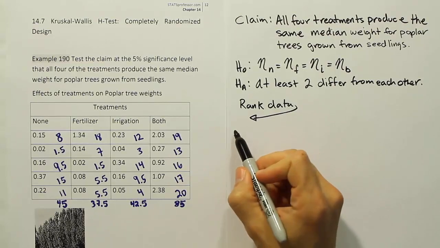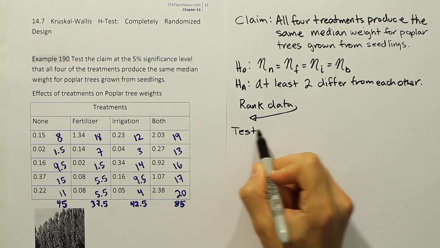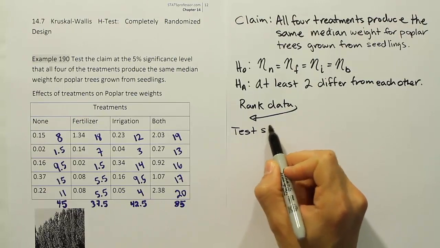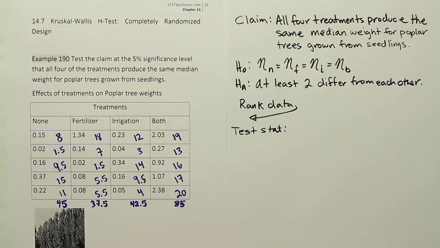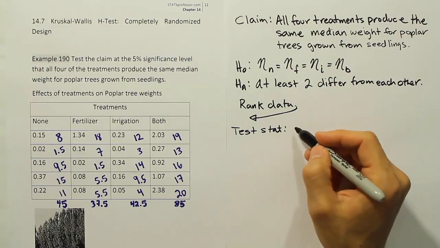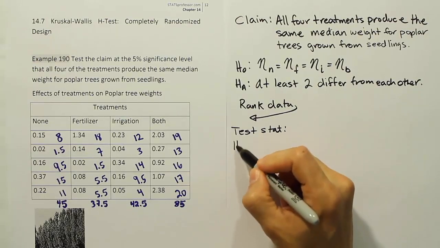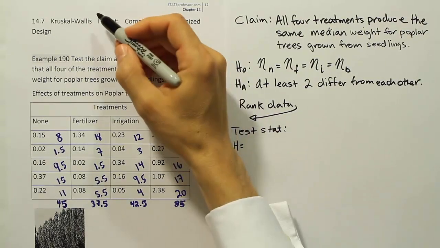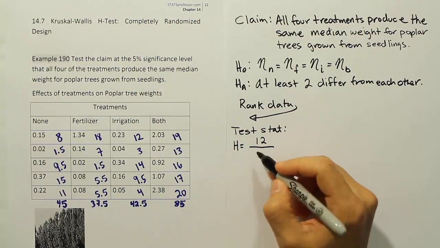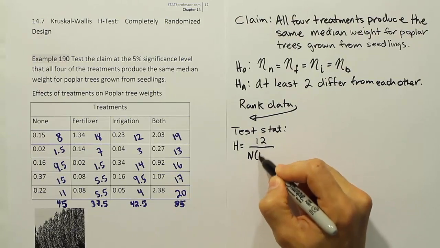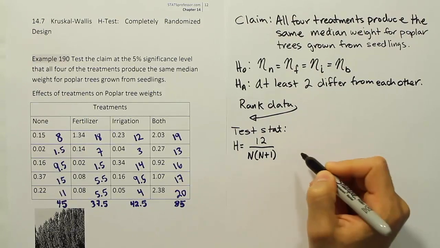So let's write out your test stat formula. It's pretty complicated looking, but it's very easy to use. The test stat is called H, for the Kruskal-Wallis H-Test. We have 12 divided by the overall sample size times 1 more than that overall sample size.